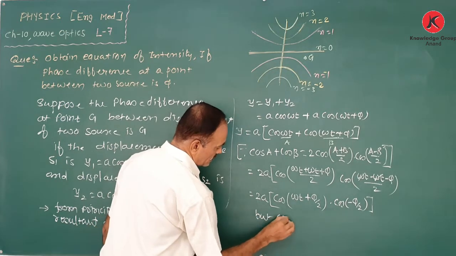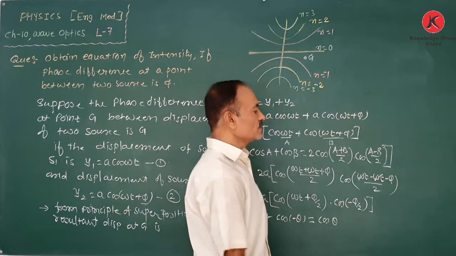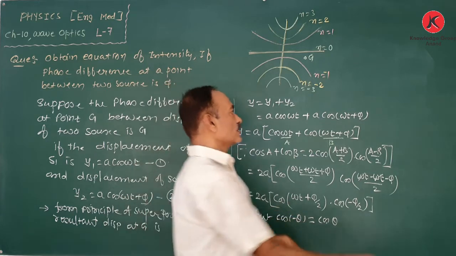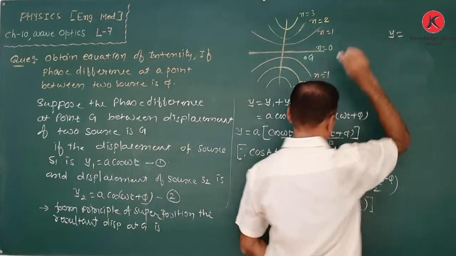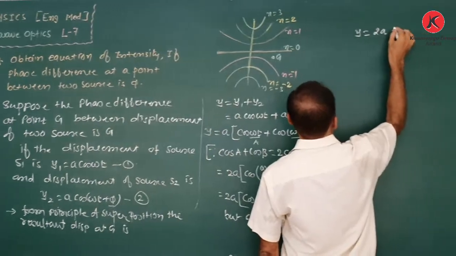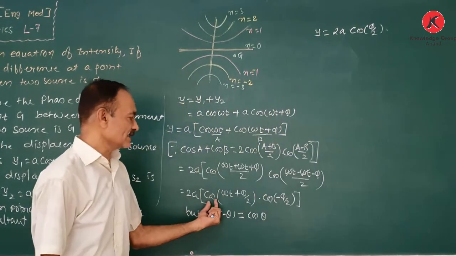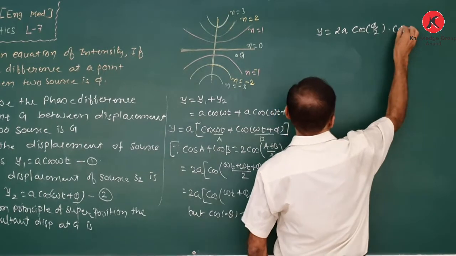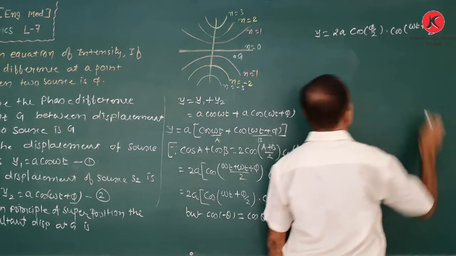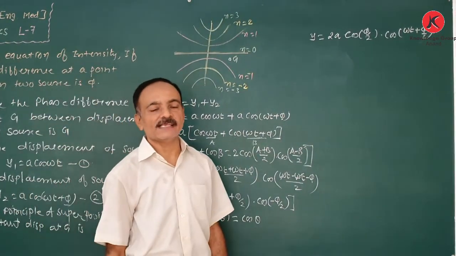Therefore, using this concept, we write it this way: y is equal to 2A cos phi by 2 into, the second term is this, cos (omega t plus phi by 2). So that is the equation of resultant displacement at G.